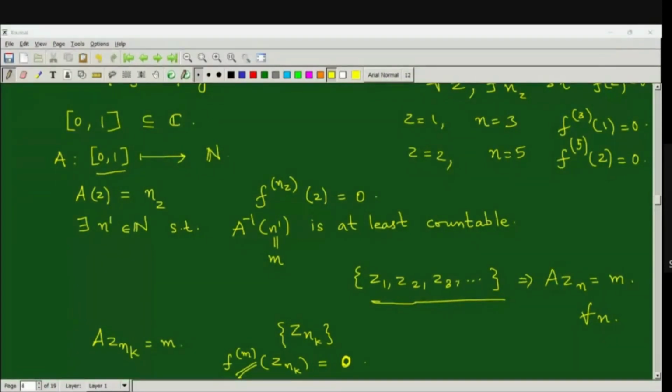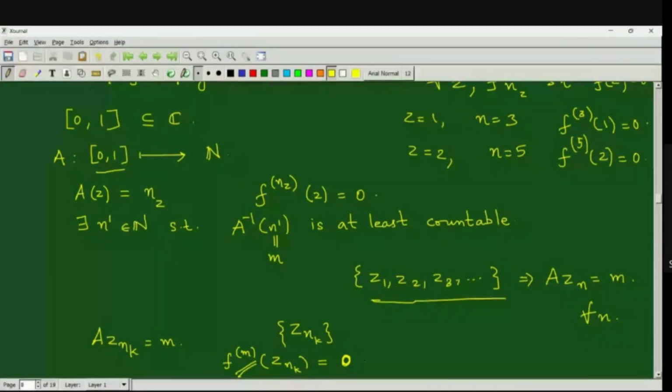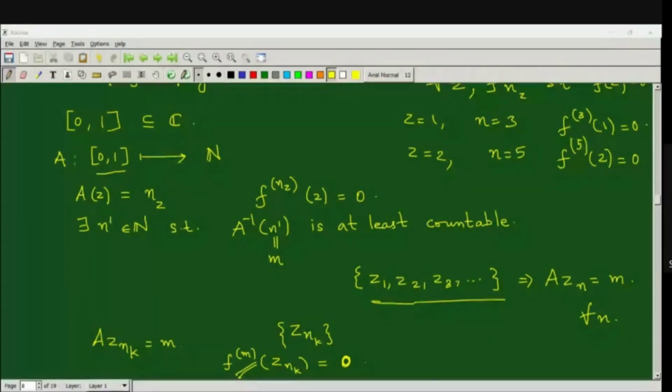No one knows that theorem? Cauchy integral theorem?